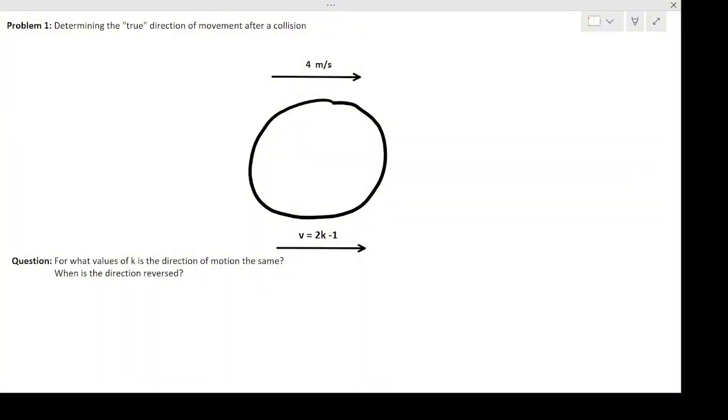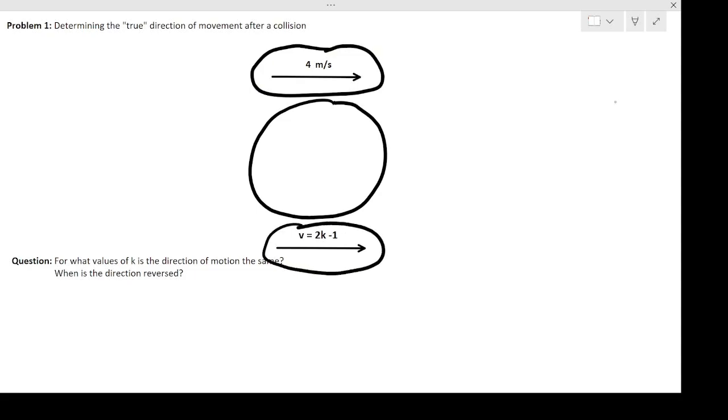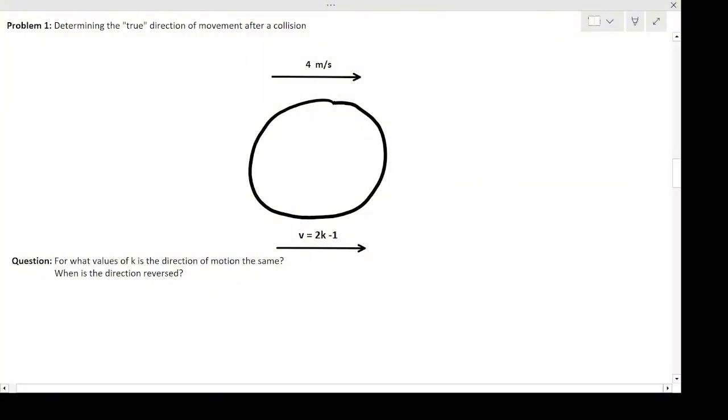What do I mean by direction of motion? If the direction of motion is kept the same, before the collision it's going forwards, so it will continue to still go forwards. Is the direction going to be the same? If it's going forwards, is it still going to go forwards?